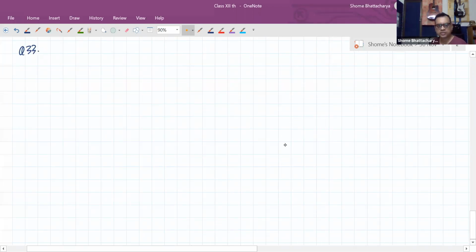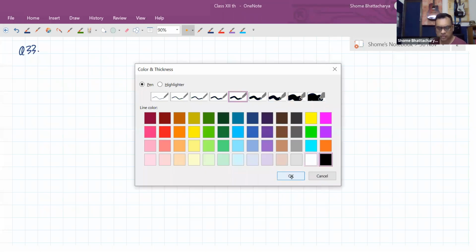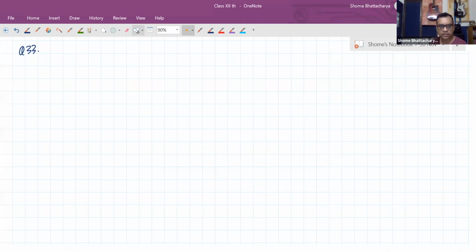So let's look at the experimental setup in question 33. If you have HC Verma, you can just go through it yourself and start working it out.